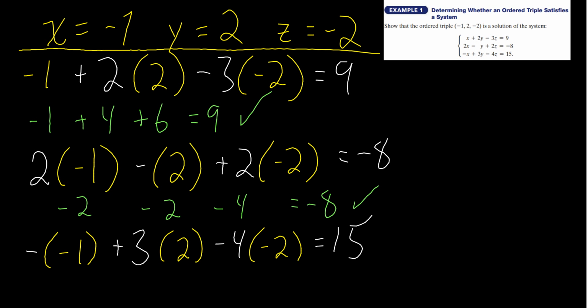A -1 is a +1, plus 6, and then plus 8. Right? -4 times -2 is +8, and that is indeed equal to 15. So what we found out was, yes, this point is indeed a solution, that this ordered triple is indeed a solution to this system of linear equations here.